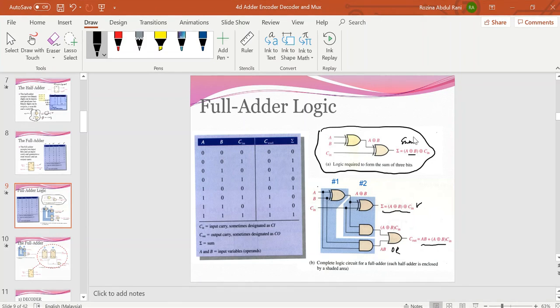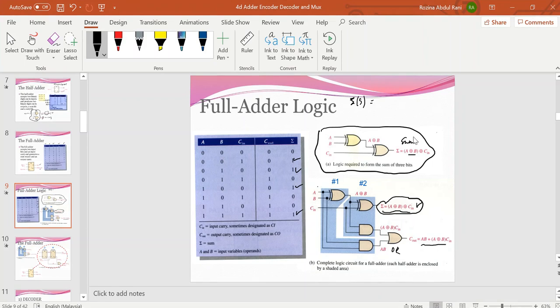So this is the Boolean function for sum. You can get this Boolean function if you consider the output 1 for sum. Okay, so you can simplify the sum.